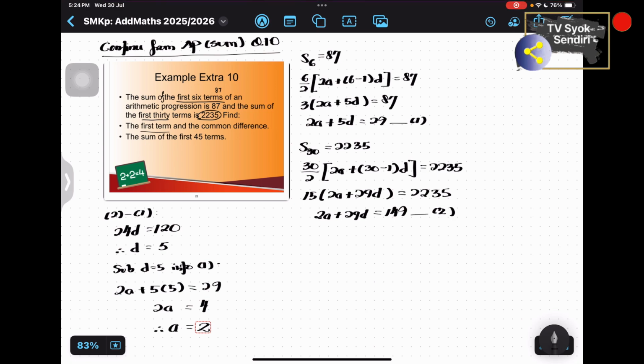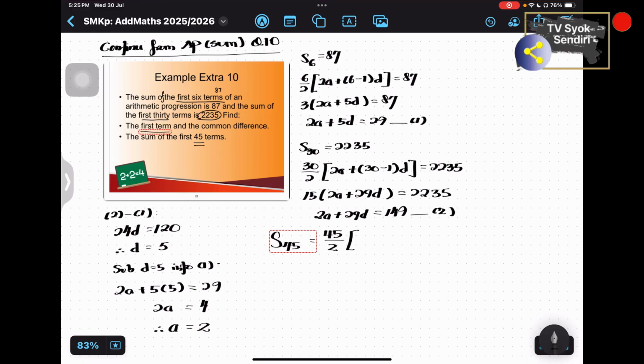Next thing that we're going to do is to answer the second part of the question, the sum of the first, not n terms, sorry, the first 45 terms. So we are looking for S45.